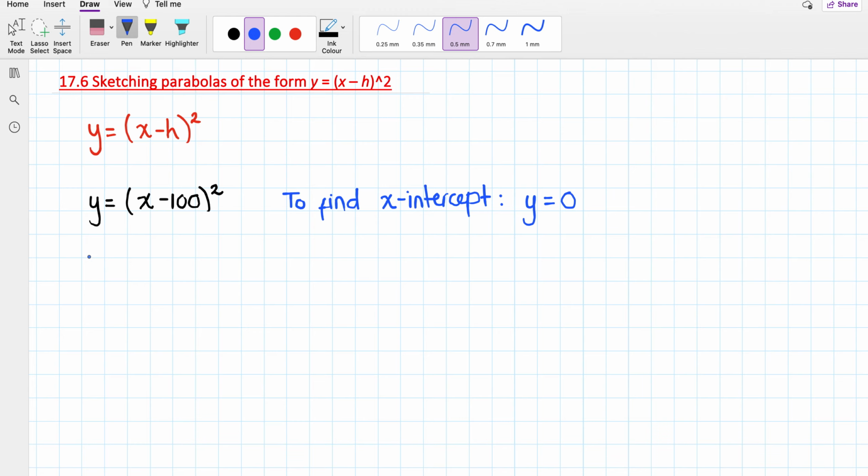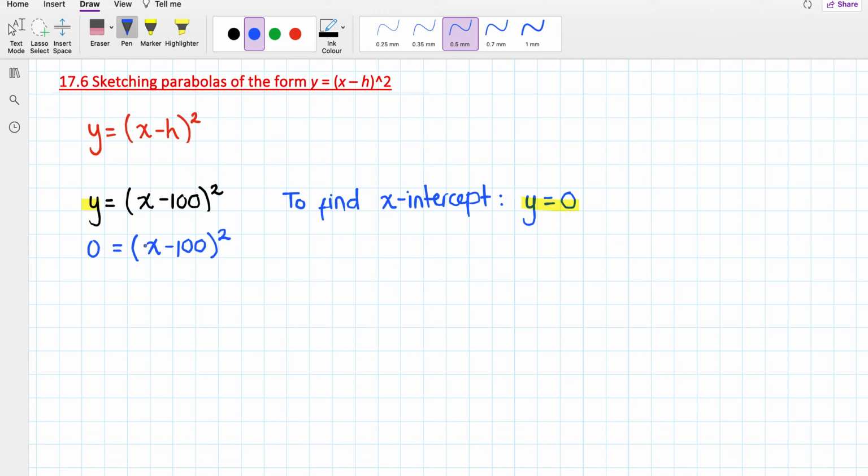So what I'm going to do is sub in this value in here, okay? And I'm going to do 0 is equal to (x take away 100) to the power of 2. Now, girls, question.